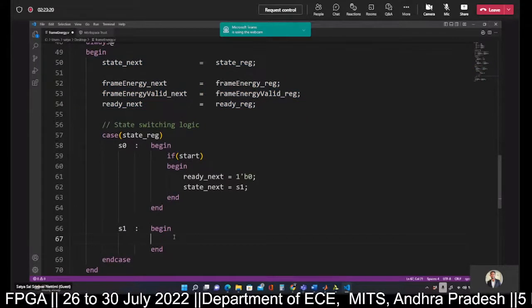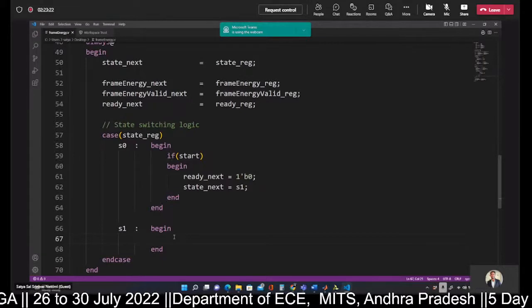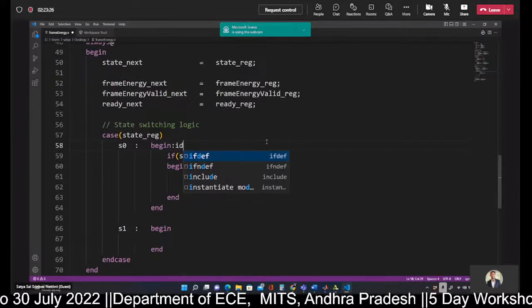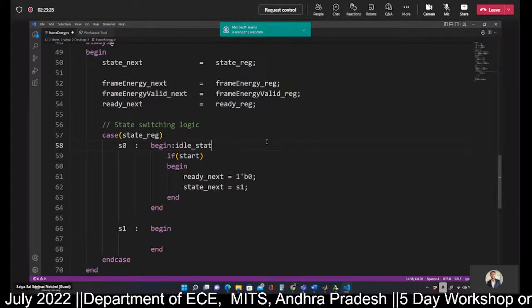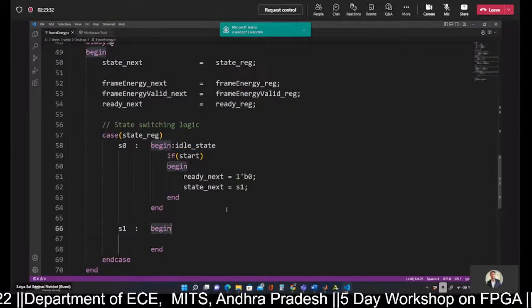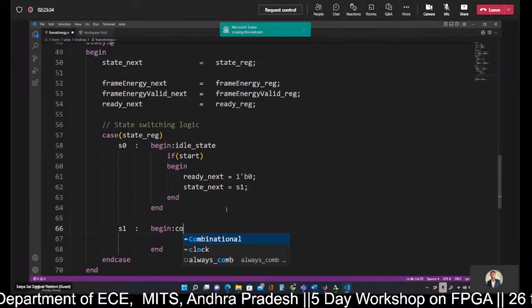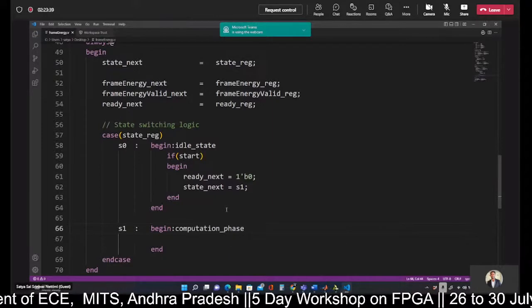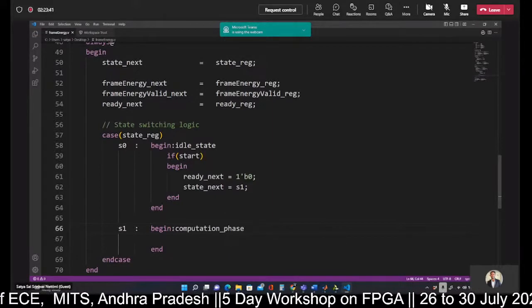Once it is entering into the S1 state, what it is going to do, this begin is nothing but the idle state. For your understanding, I have written the description, and this is the computation. This is as per the syntax.